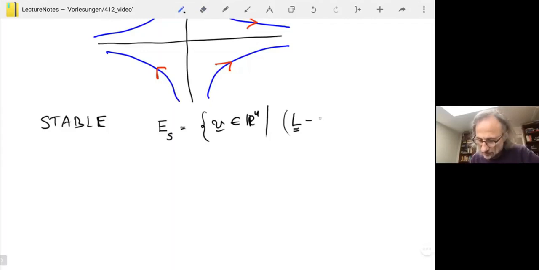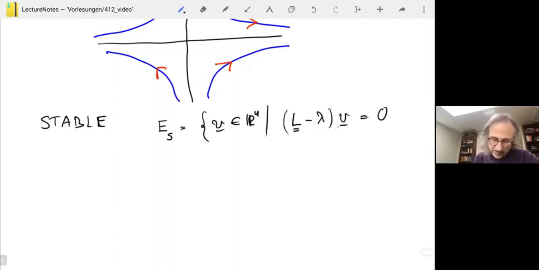So if V is an eigenvector with eigenvalue lambda, then (L minus lambda) V would be 0. And so if lambda was a single non-repeated eigenvalue, this would be a one-dimensional space.